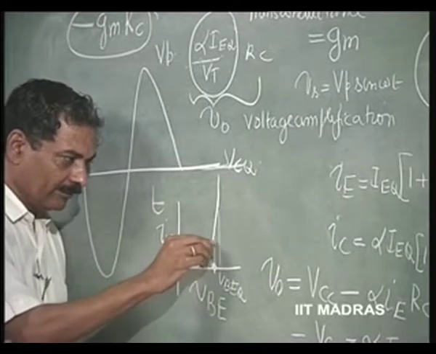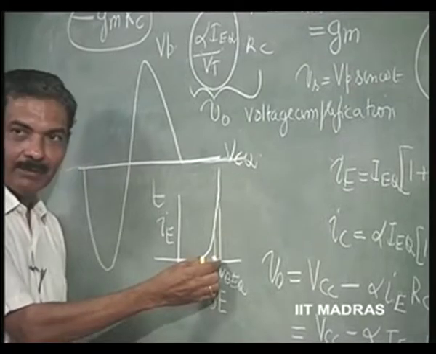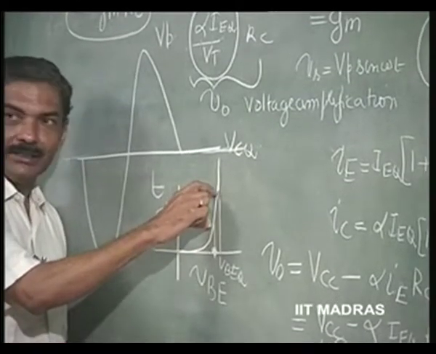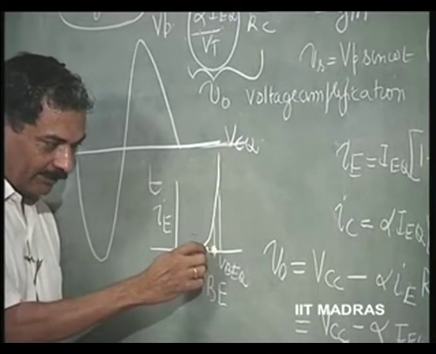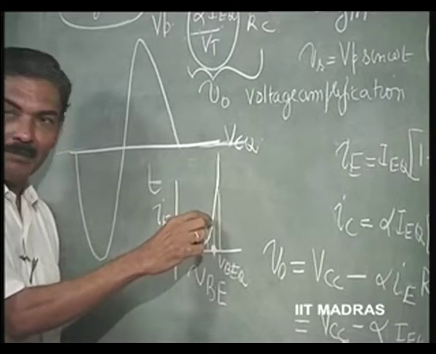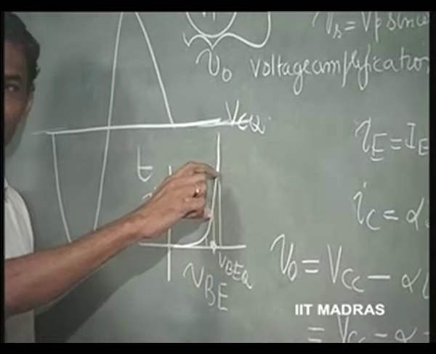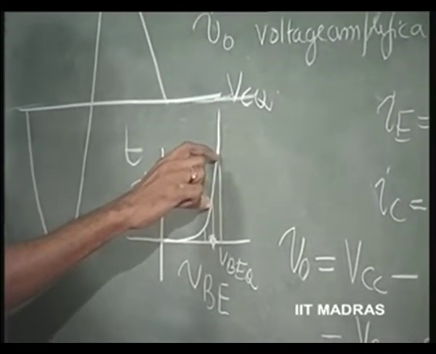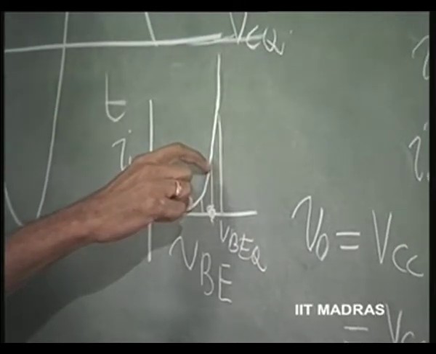So, if I now increase VBE by some amount, this is the increase in current IE, whereas the decrease by the same amount is going to cause much less change in current. So, the increase in current is higher than the decrement in current.